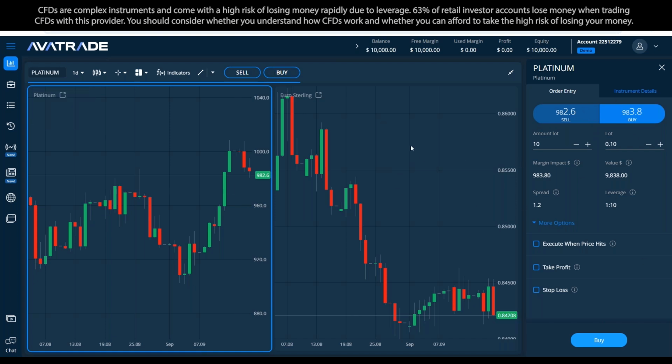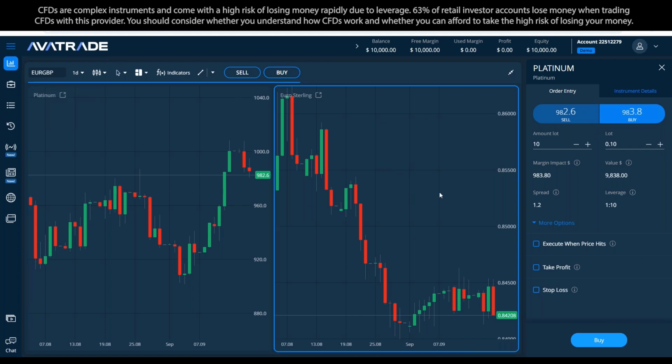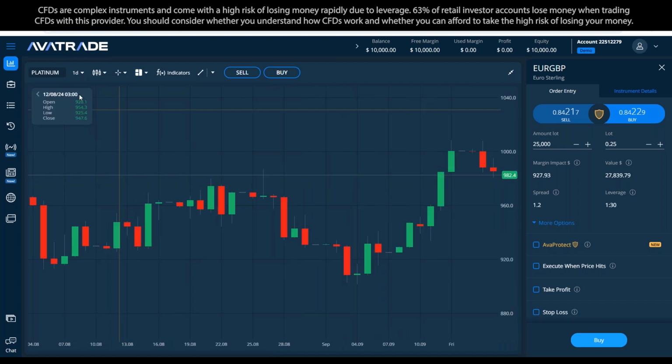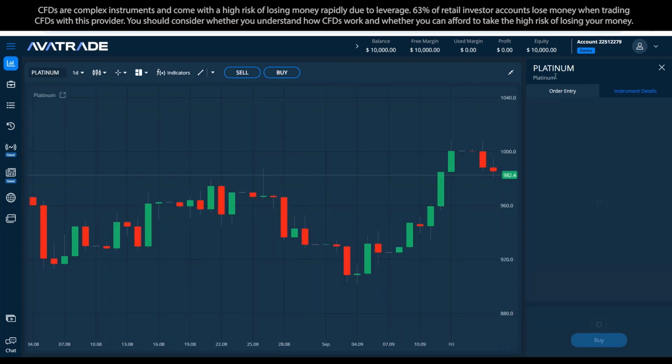Otherwise, if I click here on the chart and start modifying the numbers, as you can see, this is still Platinum. If I click buy or sell, then it fixes to what I'm looking at. So pay attention to that. If I switch back, it's still on that.